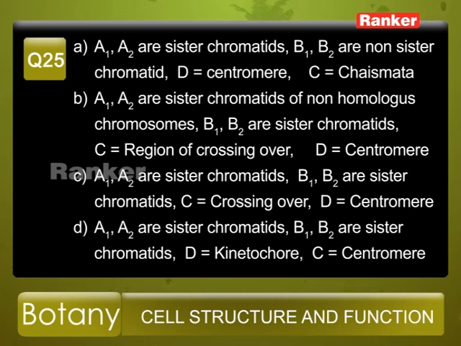Option C, A1, A2 are sister chromatids, B1, B2 are sister chromatids, C is crossing over, D is centromere. Option D, A1, A2 are sister chromatids, B1, B2 are sister chromatids, D is kinetochore, and C is centromere.